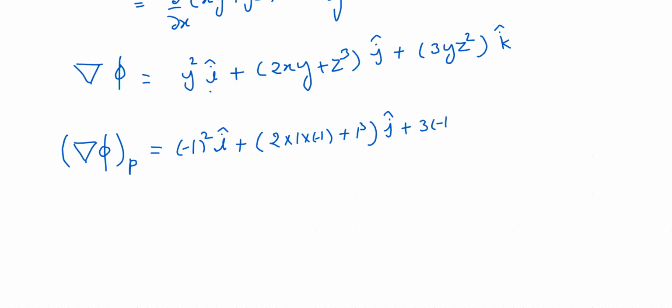So 1 squared, and you can take directly 1 also. So this will be i cap plus, and here you will have minus 2 and plus 1. So minus 1 you will have, right? So minus j cap you have. And here also we have minus 3 k cap.